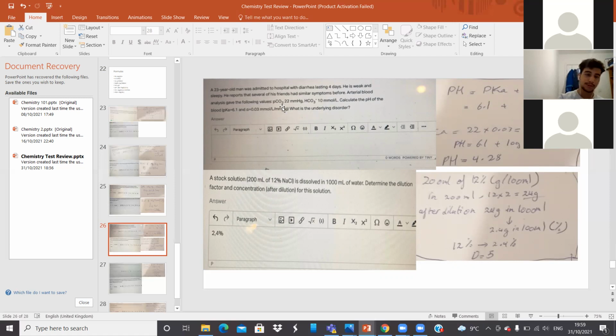First of all, carbon dioxide is a gas, so you don't have a concentration of the gas because it's dissolved. I need to figure it out, and the concentration of gas is basically the partial pressure, which is already given to us, 22, times the dissolvability, which is 0.03 millimoles per liter per millimeter of mercury.